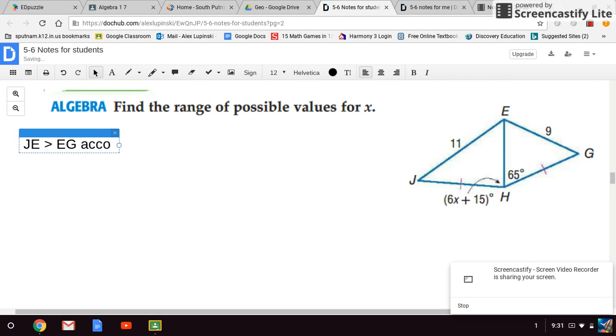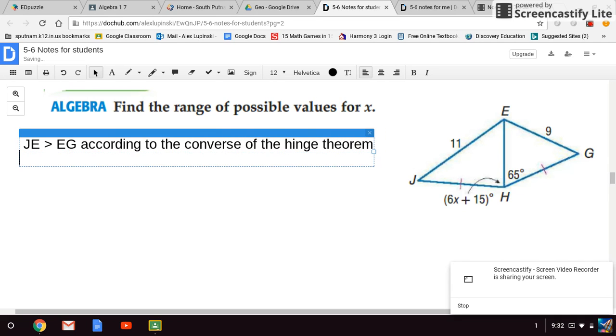According to the converse of the Hinge theorem, the angle across from the larger side is larger than the angle across from the smaller side. So we can say that angle JHE is larger than angle GHE.